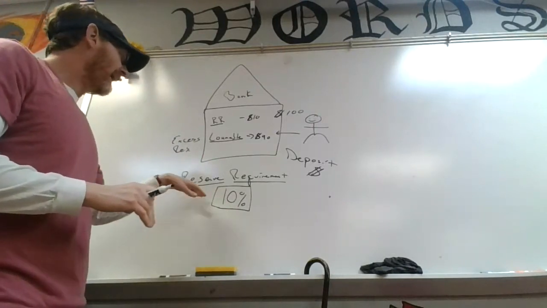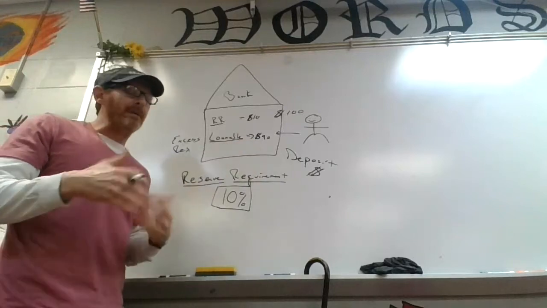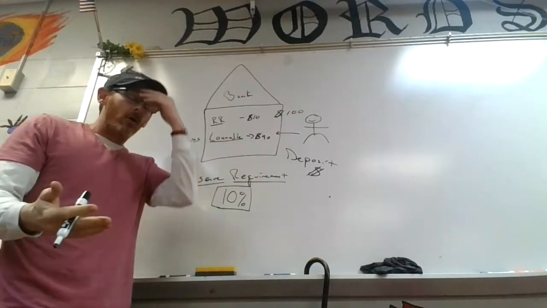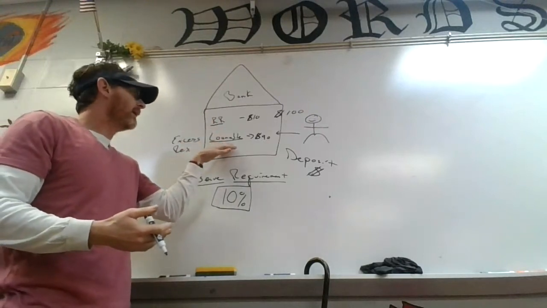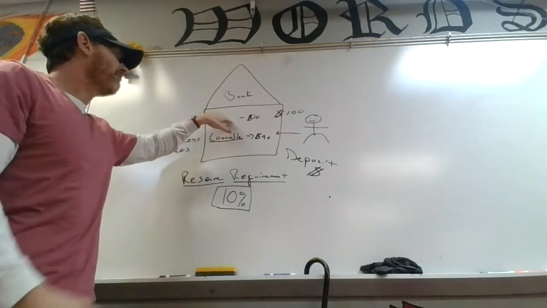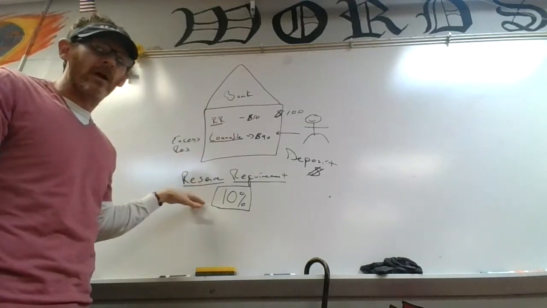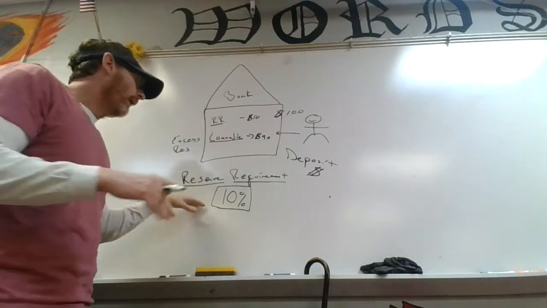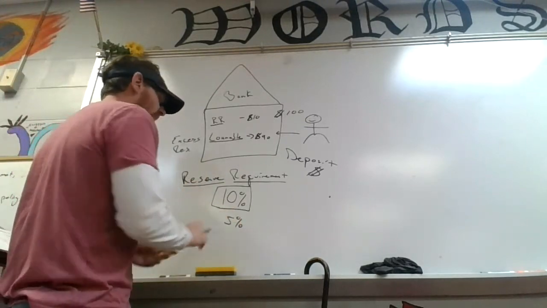That doesn't mean they have to loan out all $90. If they think that people will be needing more money, or that they don't want to give out as much in loans, they can hang on to this money. But they have to, by Federal Reserve law, hang on to at least 10% if that's what the reserve requirement is. Now, if they lower the reserve requirement, let's say they lower it to 5%.